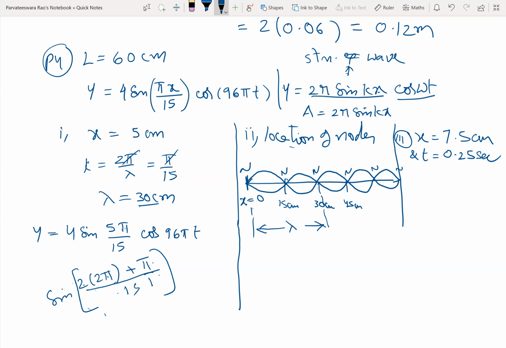Therefore, y becomes equal to 4 into root 3 by 2 cos(96 pi t).